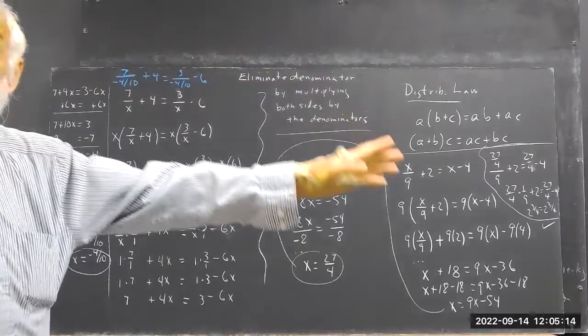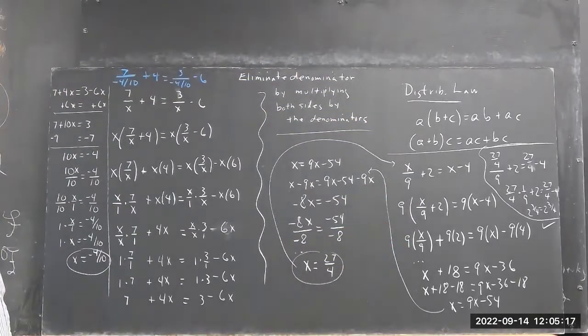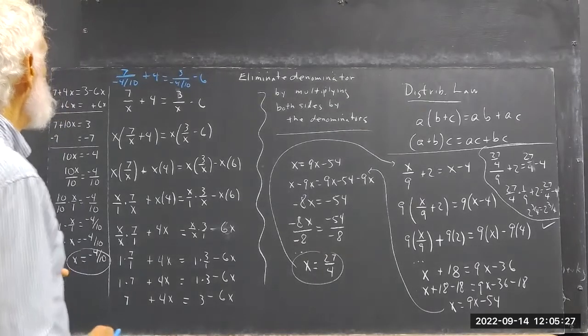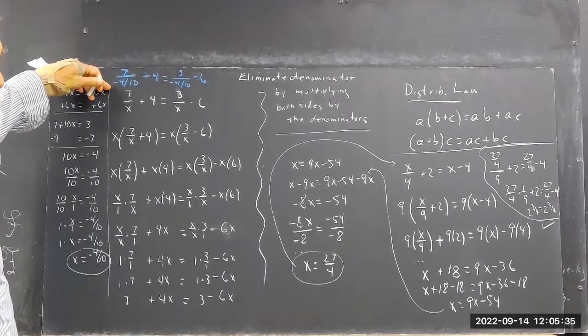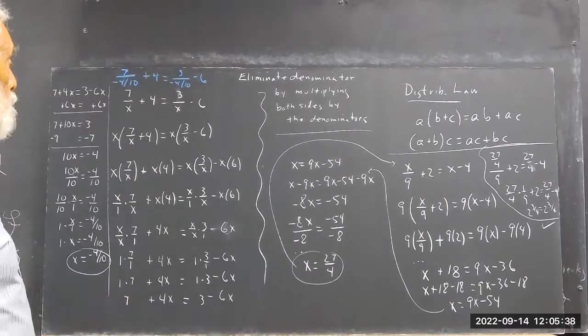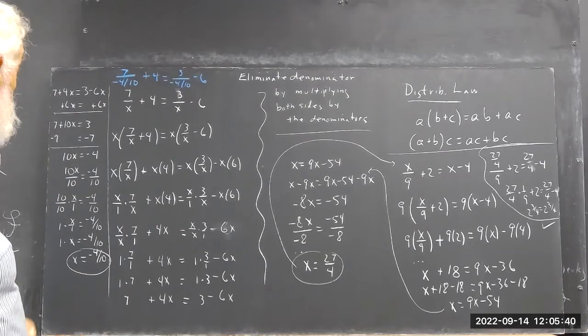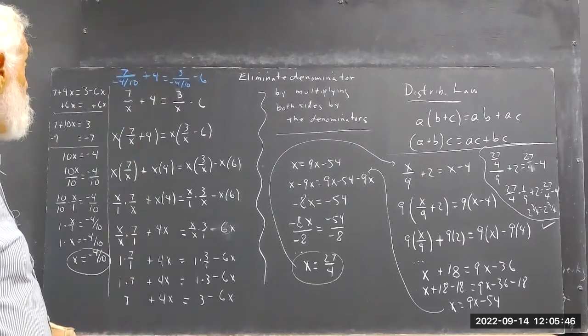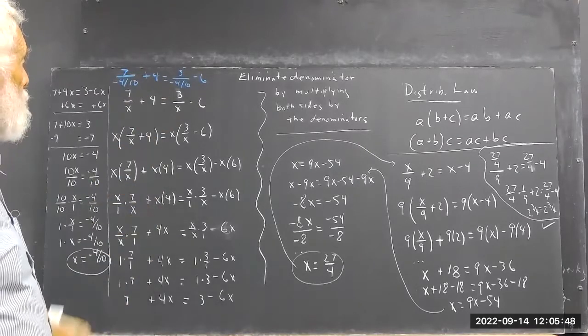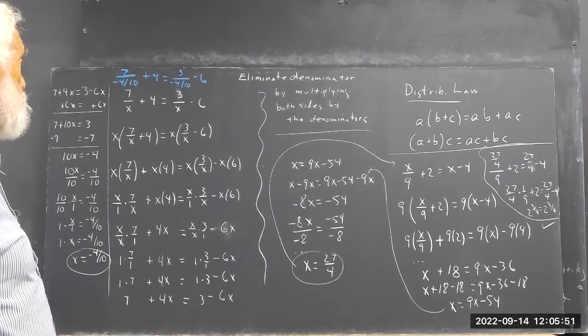You multiply everything by 4 and not have to deal with the fractions. This simplifies to negative 70 over 4 here, negative 30 over 4 here. You multiply by 4, you get negative 70 plus 16 equals negative 12 minus 60.